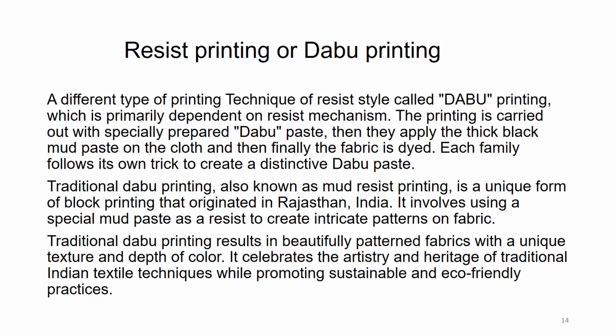Then they apply the thick black mud paste on the cloth, and then finally the fabric is dyed. So, it is a mixture of dyeing and printing both, but the result that comes out appears to be like a print. Each family follows its own trick to create a distinctive dabu paste.